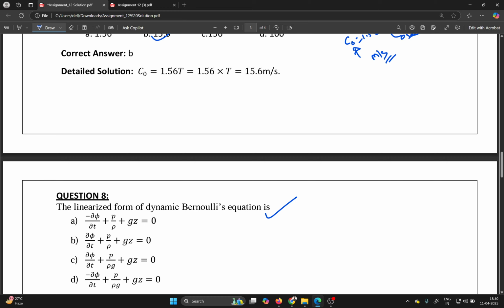So here you have the four equations: minus del phi by del t plus p by rho plus gz is equal to 0.